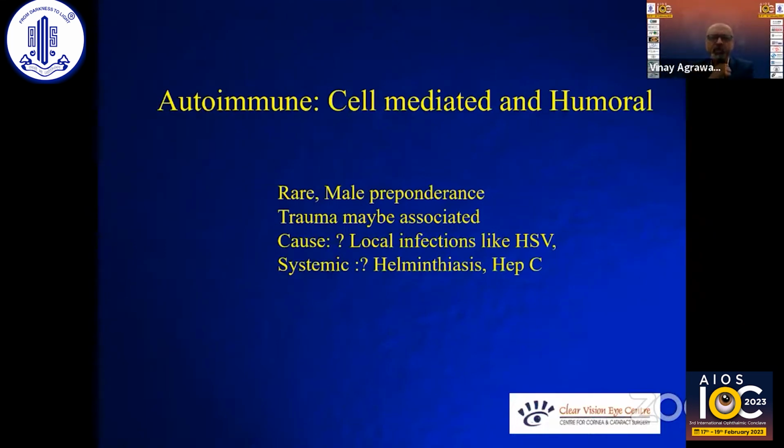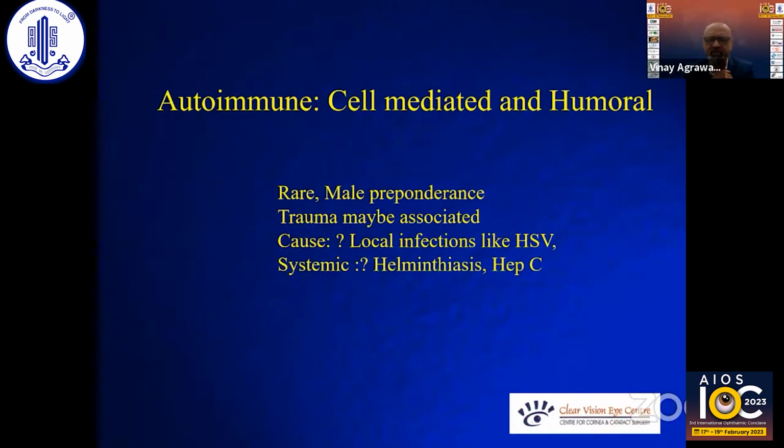It is believed that Mooren's ulcer is autoimmune in origin and has both cell-mediated and humoral arms involved. However, this is not really very well understood. It is also believed to be a localized autoimmune reaction to the corneal tissue, so antibodies being produced against the tissue is the belief. However, there are other concepts which have been brought forward.